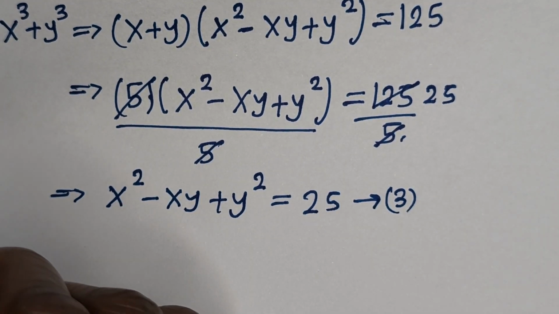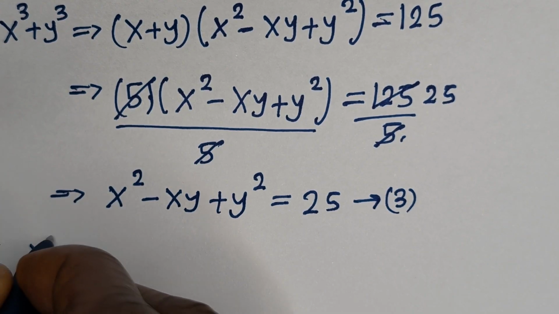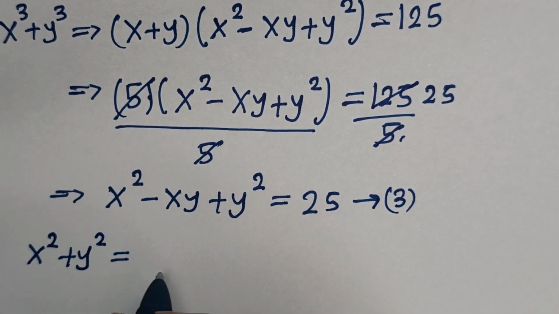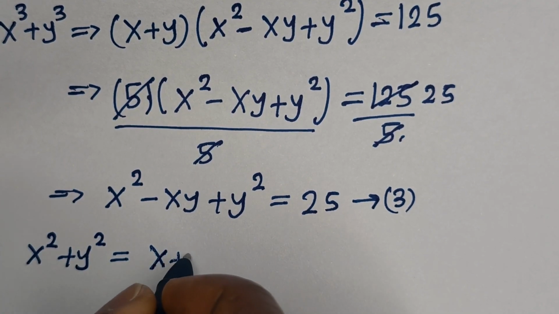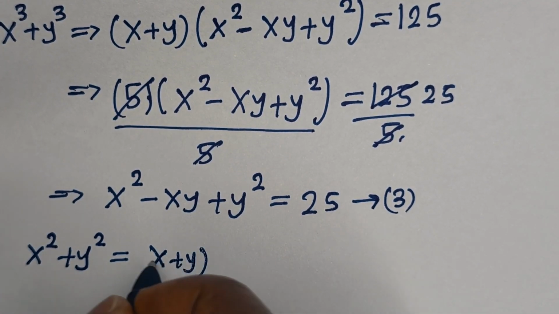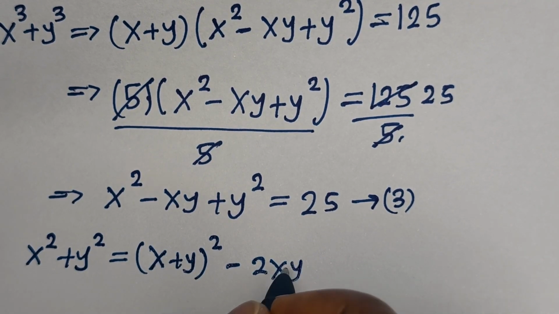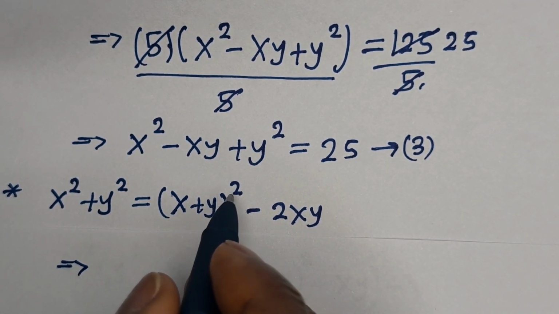Note that if you have x square plus y square, this is equal to (x plus y) all square minus 2xy. x plus y is equal to 5.